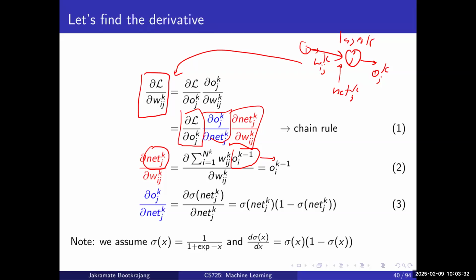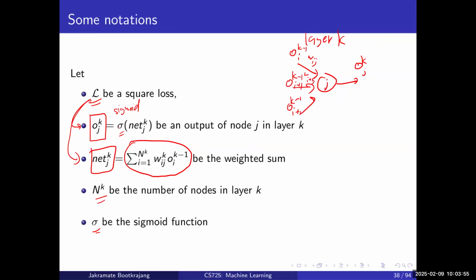What about the blue one, right? So the blue one, we want to find the partial derivative of the output with respect to the weighted sum. And we established in a definition that it is basically just the sigmoid function, right?